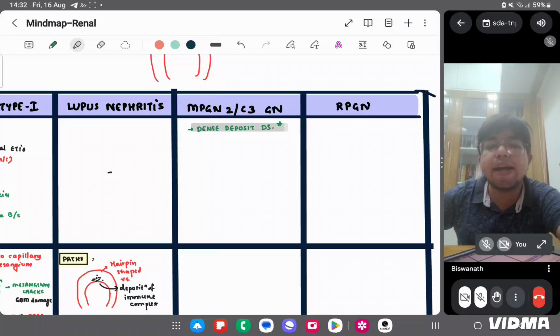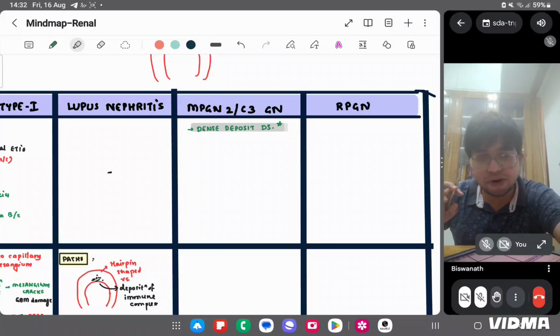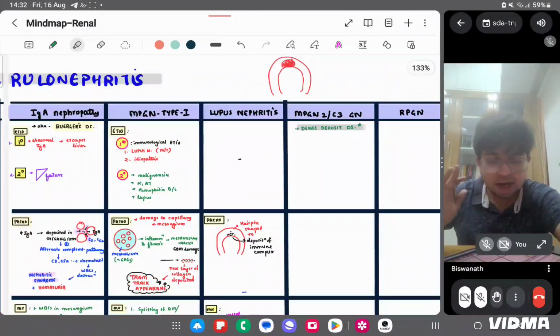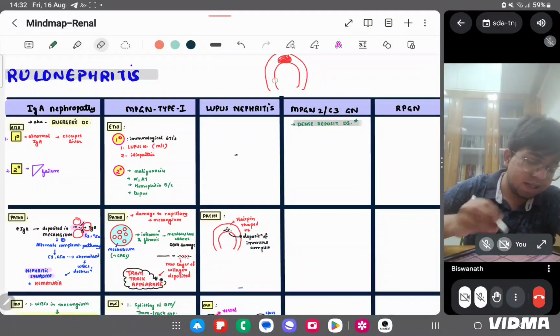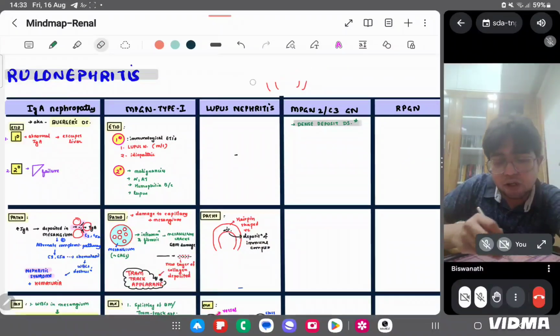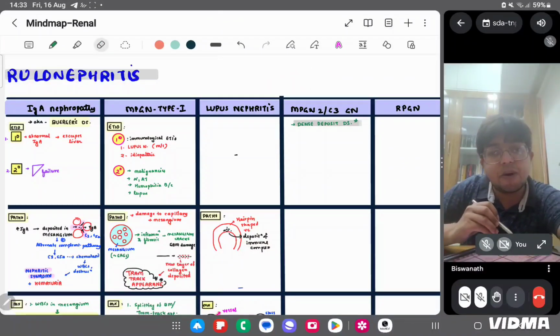Why and how it occurs, we don't know clearly, but intramembranous electron-dense deposition occurs. And it has a bad prognosis. The previous ones have a slightly good prognosis, but this one has a very bad prognosis as compared to those.